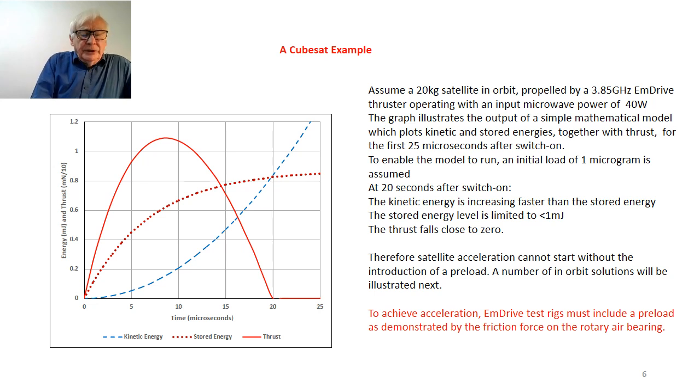And what you can see from the graph is that the dashed blue line representing the kinetic energy goes up as a square law. The red dotted line, which is the stored energy, goes up as an exponential rise, and the thrust is shown as the red line.